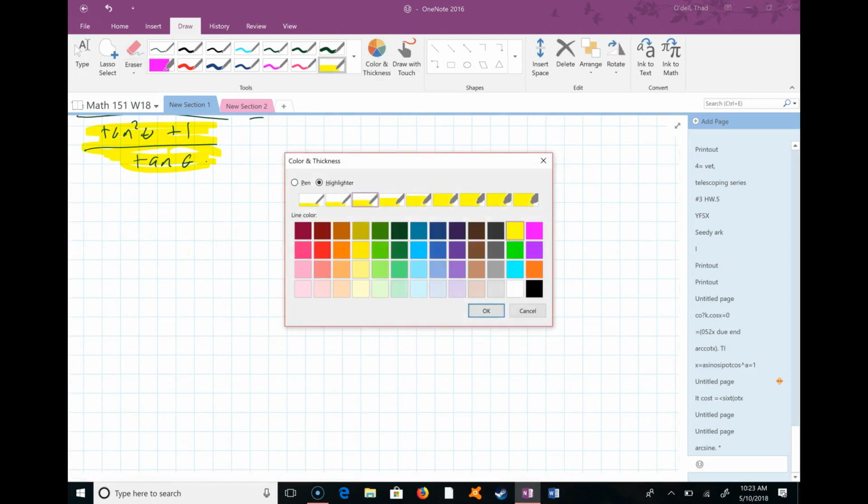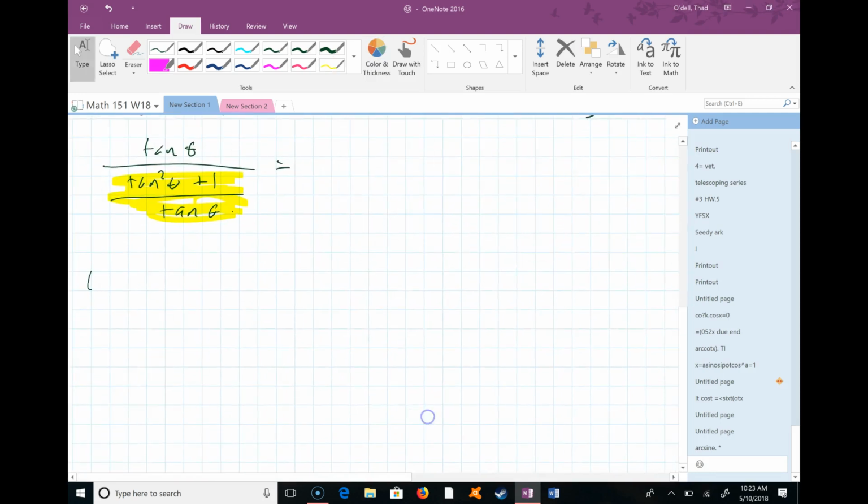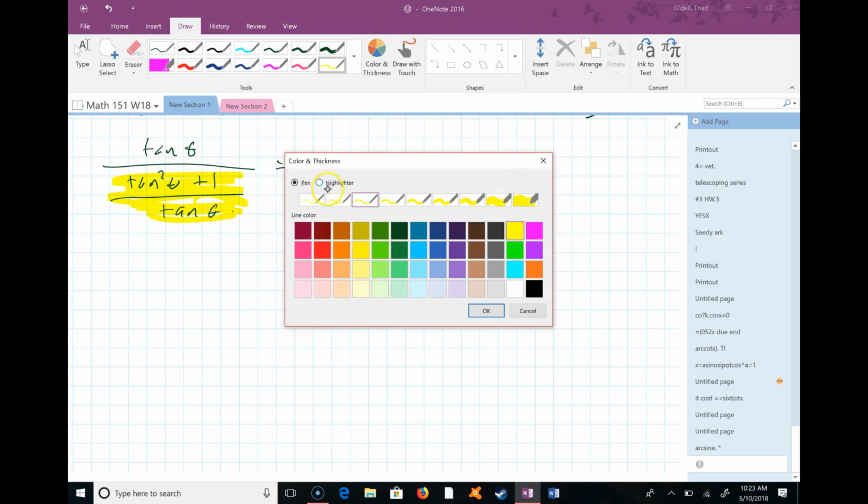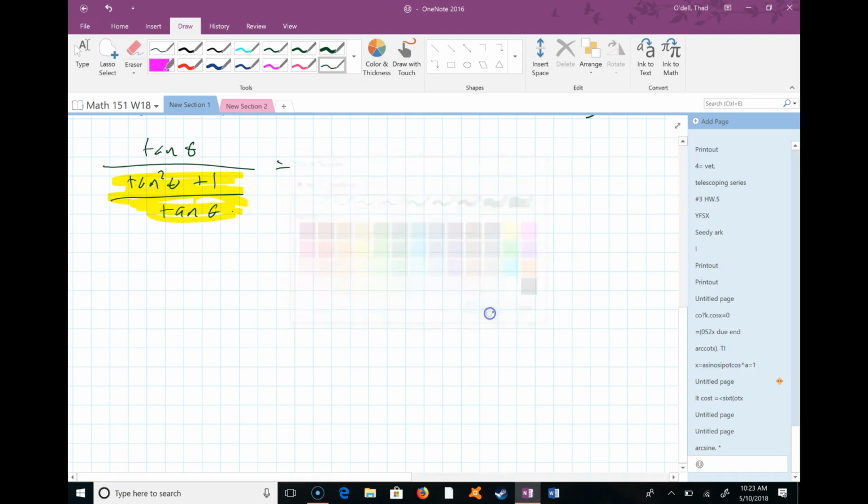I'm going to change that. Okay. So really what I should have had was tangent of theta times tangent of theta over tangent squared theta plus 1.